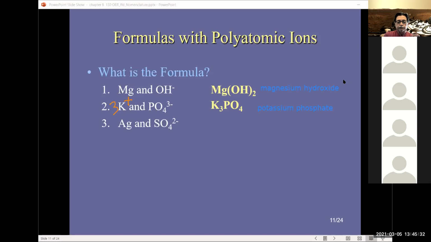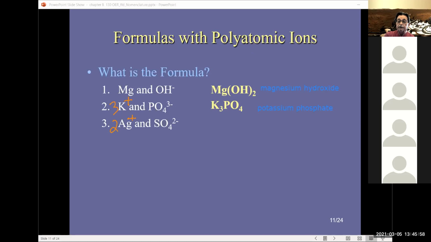Okay. And another polyatomic ion called sulfate, SO4 -2. And silver is part of the list you can see there, that's a +1 charge. And that means that we need 2 of them, okay? Because each one's a +1 charge.